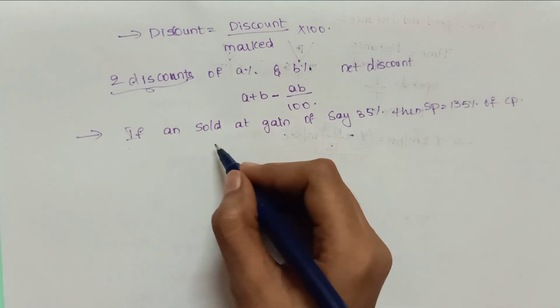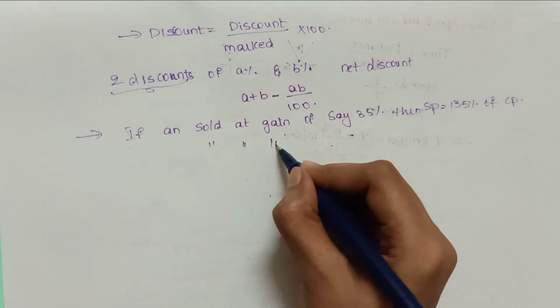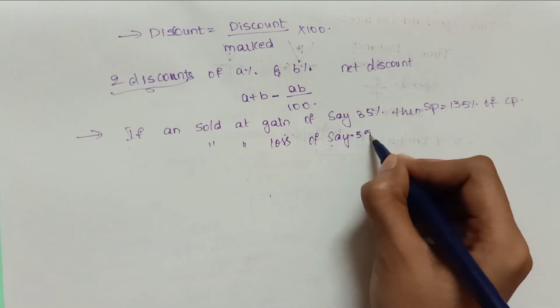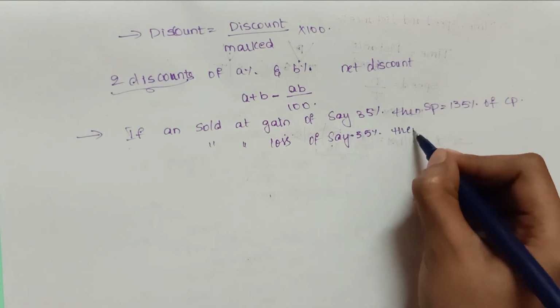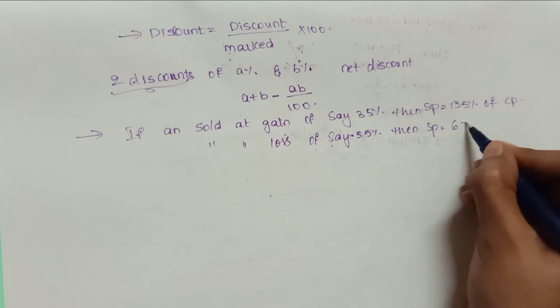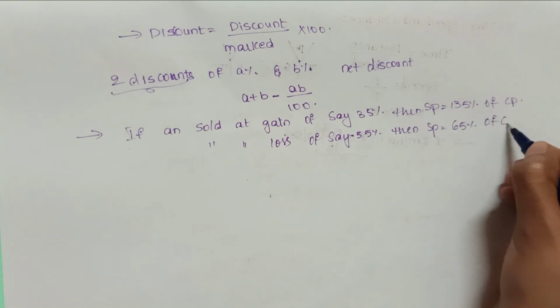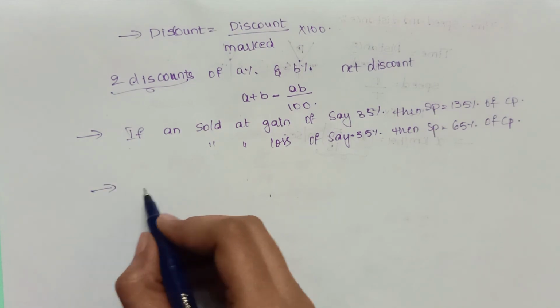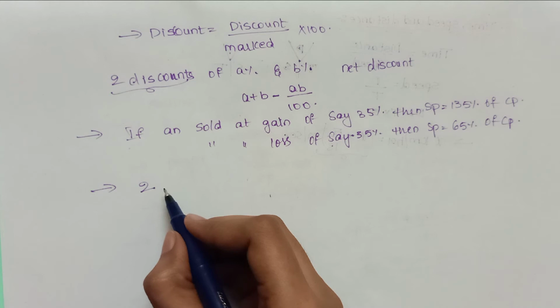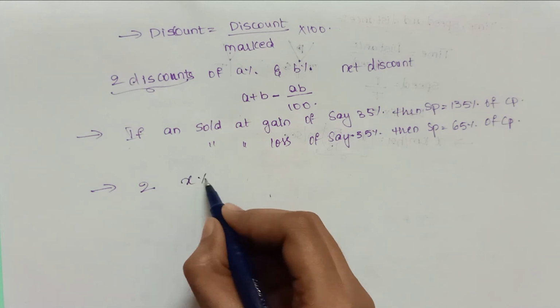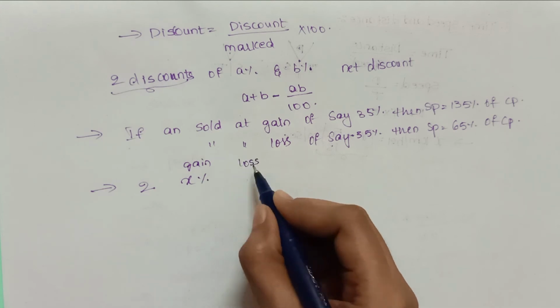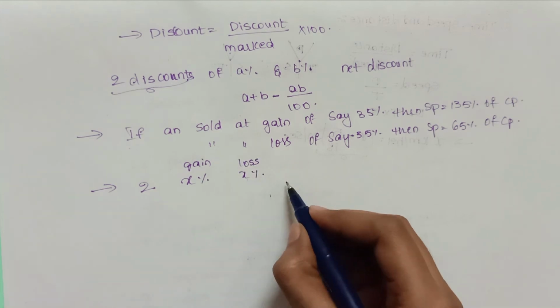If an article is sold at a loss of say 35%, then SP is equal to 65% of CP. Next formula: if a person sells two similar items at a gain of X% and a loss of X%, we should use this formula.